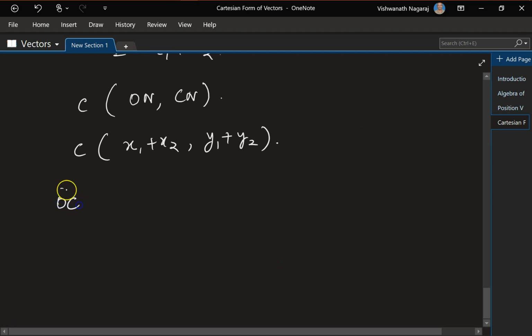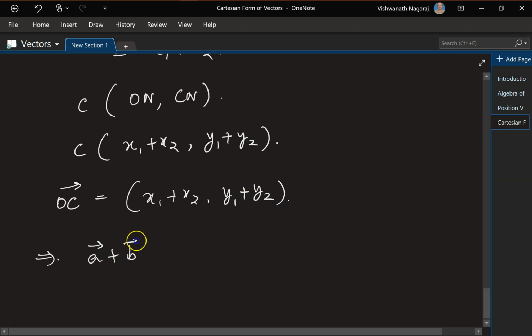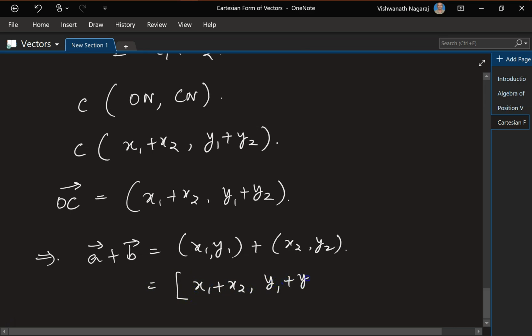So OC is equal to X1 plus X2, Y1 plus Y2, which implies A plus B is equal to X1, Y1 plus X2, Y2, which can be written as X1 plus X2, Y1 plus Y2.